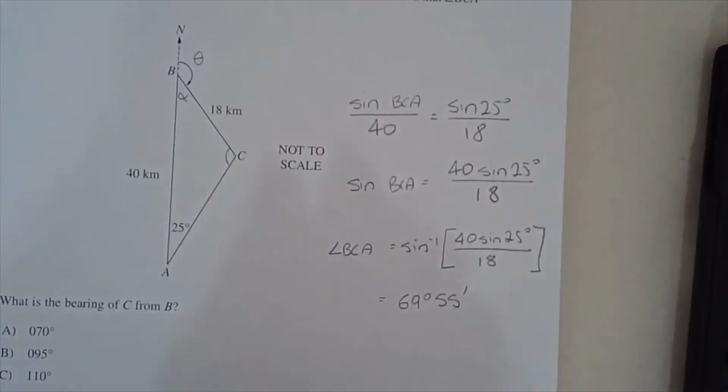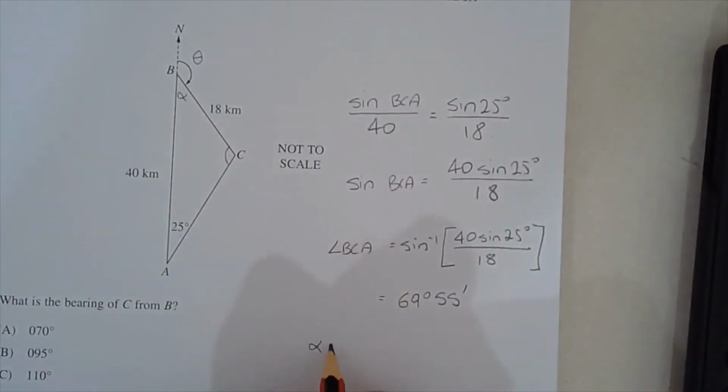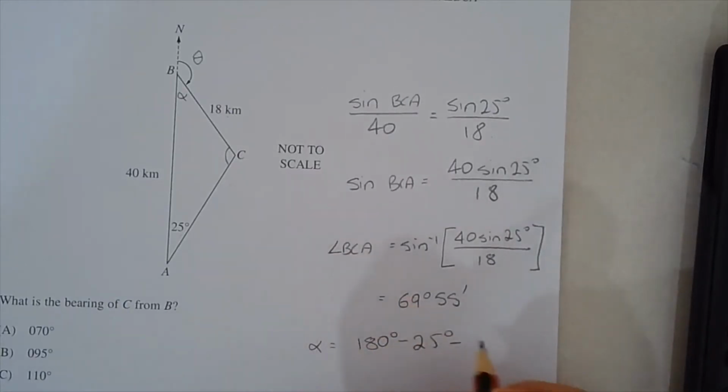Now to find angle alpha is equal to 180 minus 25 minus angle BCA.